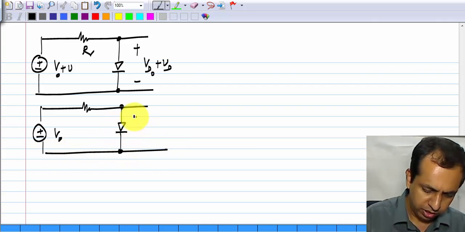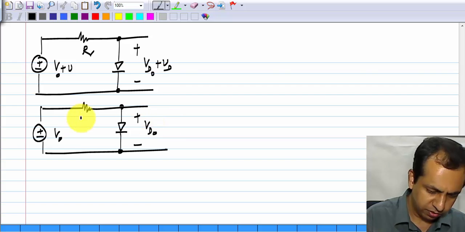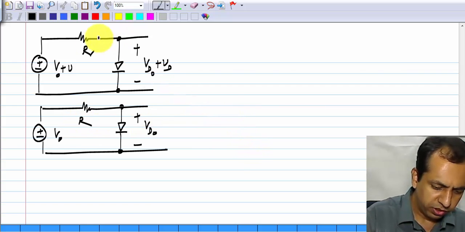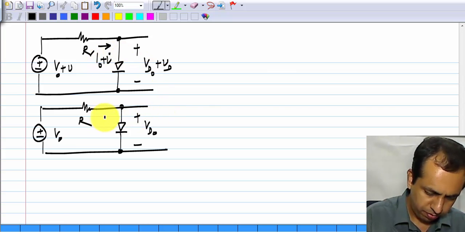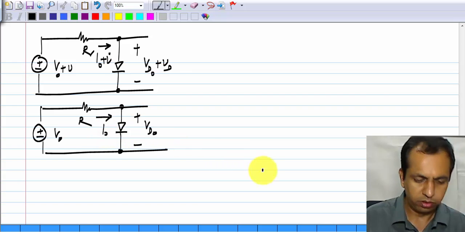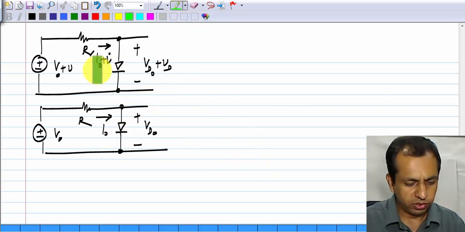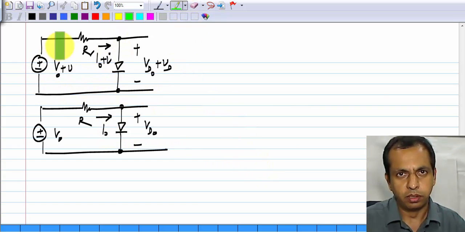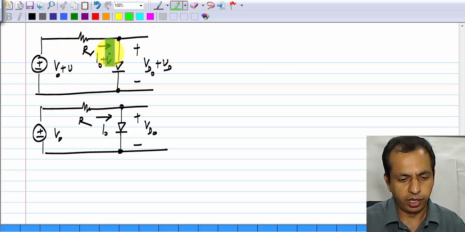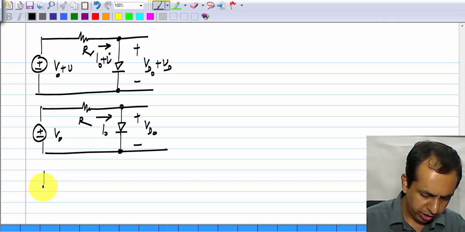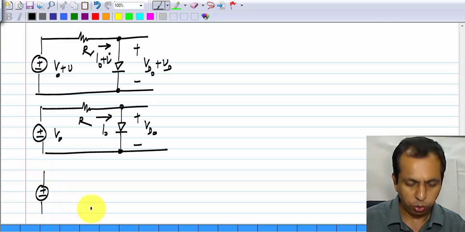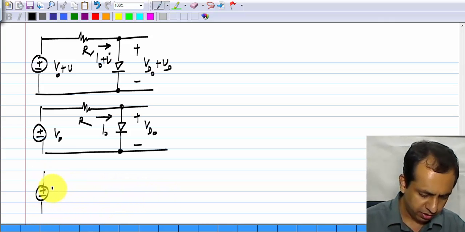I have solved for this, and of course, I can also include the currents here. So, this is I0 plus I, and this is I0. So, one thing I could do, of course, is go through the process of solving the nonlinear equation again, but what I do instead is make a new circuit which consists only of incremental quantities.